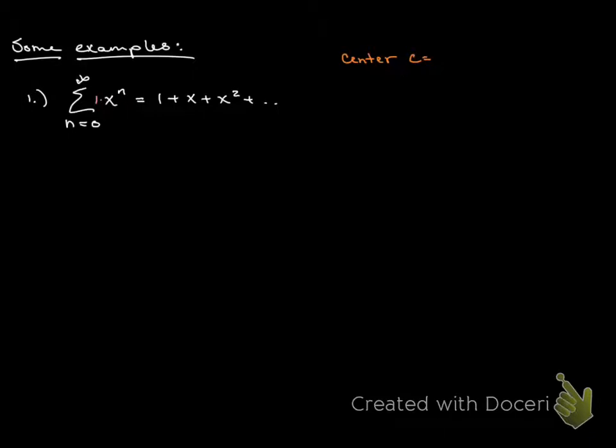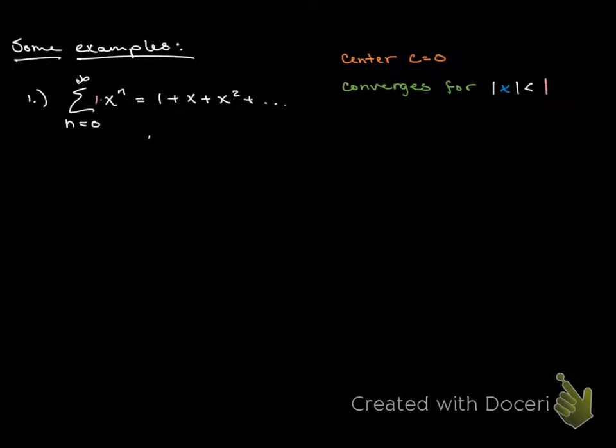We're looking for an x minus c, and we'll notice very quickly that I don't see an x minus anything, so the center is, of course, 0. This is geometric, so the common ratio is x, and it converges for the absolute value of x less than 1. That 1 is also my radius of convergence, okay?